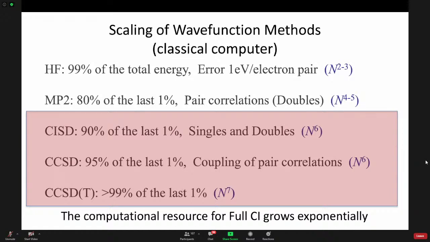Currently, what we're trying to do is as follows. We do the Hartree-Fock calculation on a classical computer because it scales not badly. But for the remaining part, this ill scaling, we want to solve this problem. So for now, we want to compute this on a quantum computer.